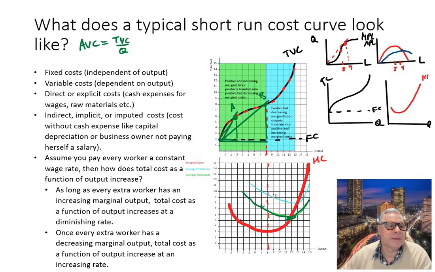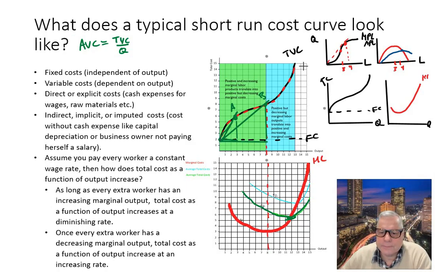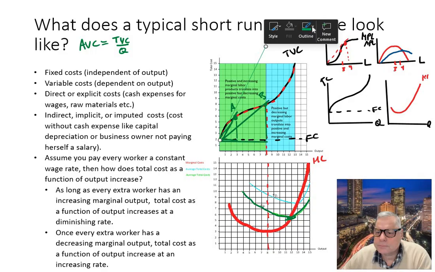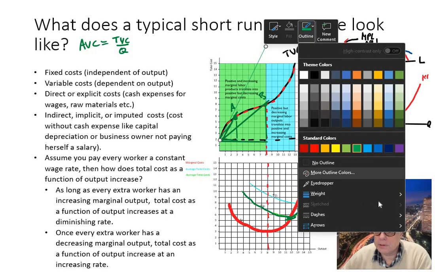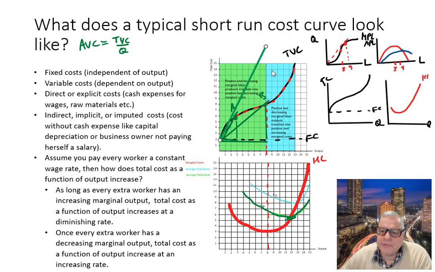I'll insert here a straight line, and maybe let's make it green, and maybe a little bit. So now, what I do is try to find the point where there is the minimum slope and I'm still touching the total cost curve.